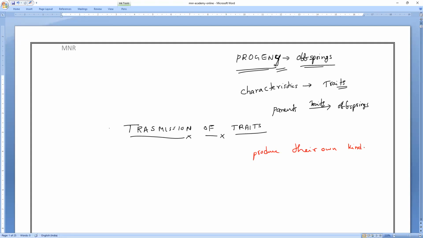If I take me, I am representing my parents. If I take any small plant, the plantlet is representing the plant. Like that, all living organisms produce their own kind. So there must be some common thing that makes an offspring similar to its parents.